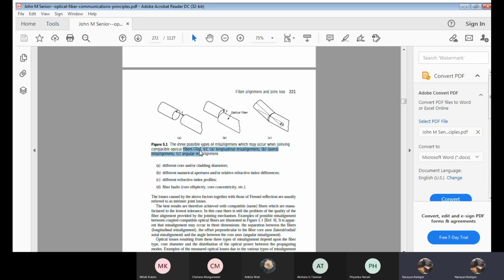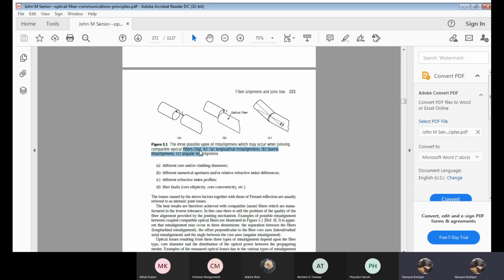Then the numerical apertures or the delta may not match. And the refractive index profiles may not match. For example, I may have a parabolic profile in the first fiber and a triangular one in the second, so the profiles do not match. And there may be some fiber faults.